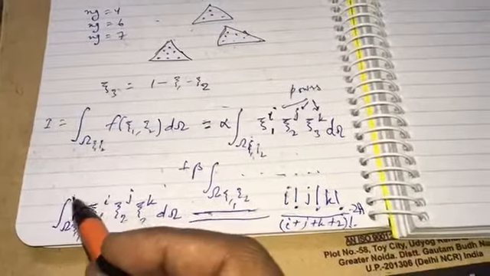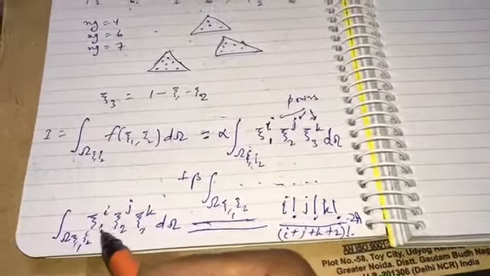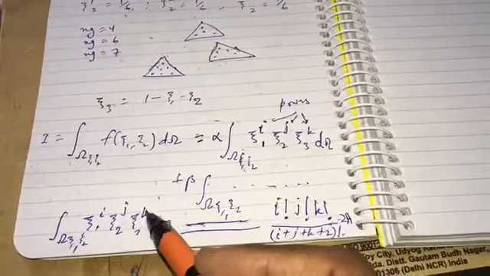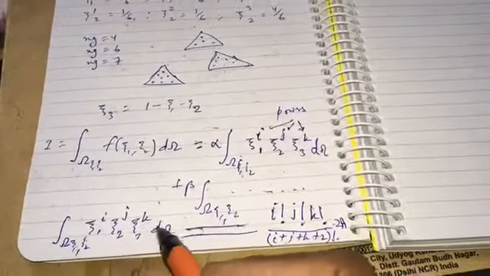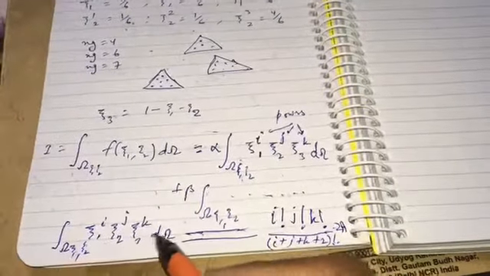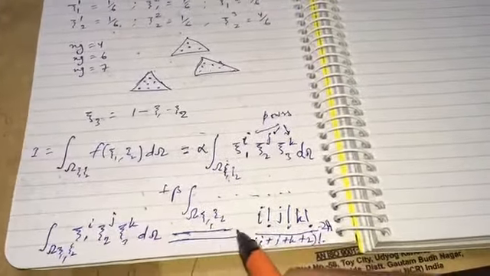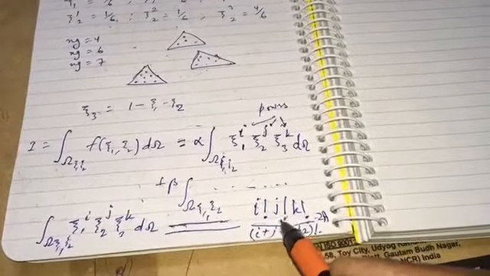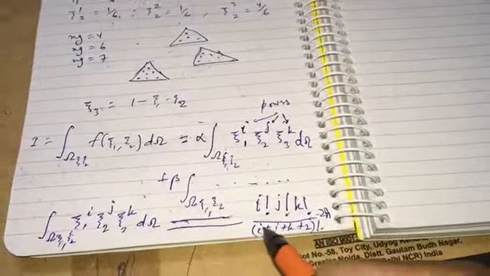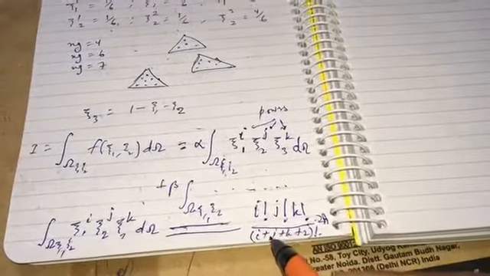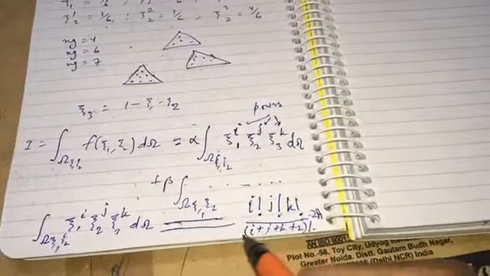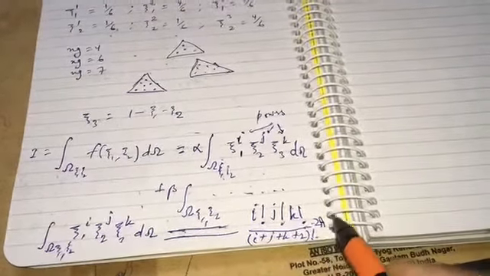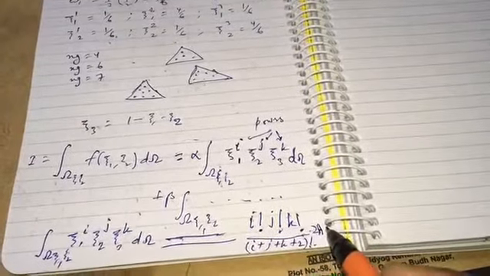So integration of xi1 to the power i, xi2 to the power j, xi3 to the power k integrated over the whole transformed triangle is equal to i factorial, j factorial, k factorial divided by (i plus j plus k plus 2) factorial, multiplied by 2a, where a is the area of the element.